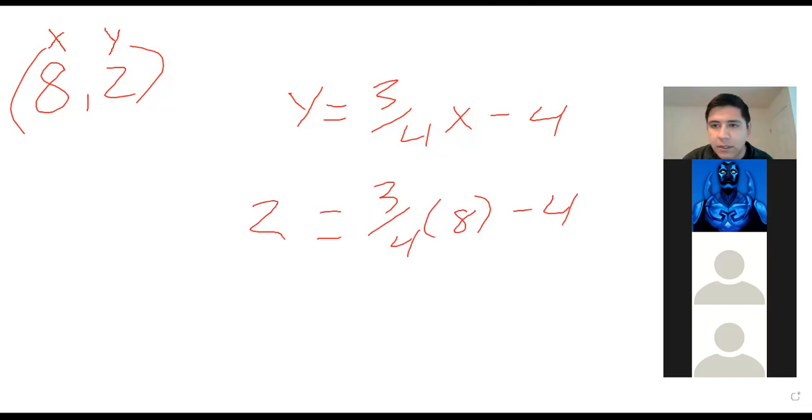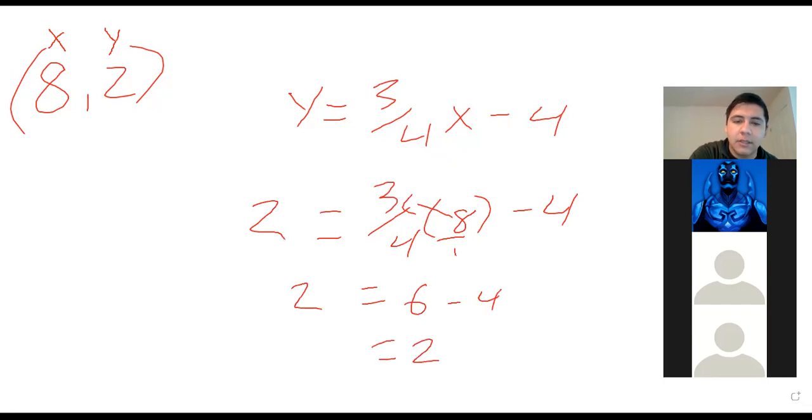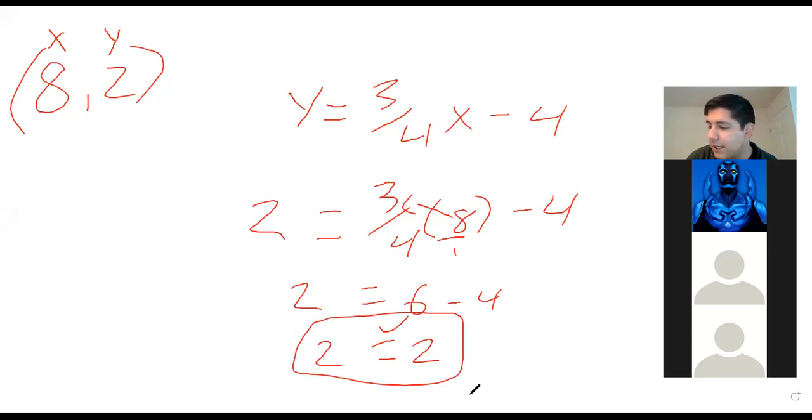So let's go ahead and solve it so we can check that, okay? So what's 3/4 times 8? That's the same thing as saying 8 times 3, which is 24, divided by 4 would give us 6. And 6 minus 4 gives us 2. And so those two are equal to each other, right? 2 is equal to 2. So that means that it's a solution to the first part.